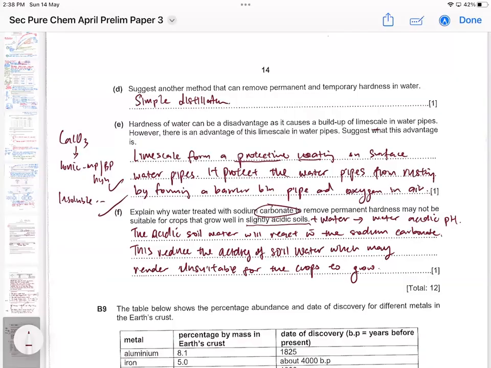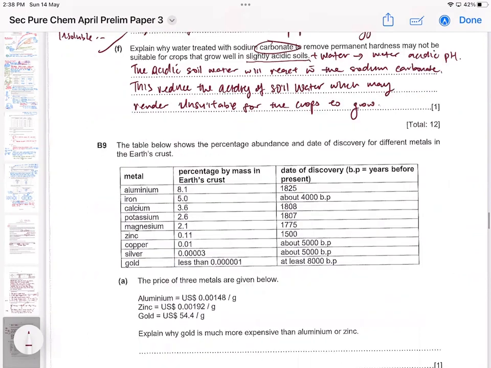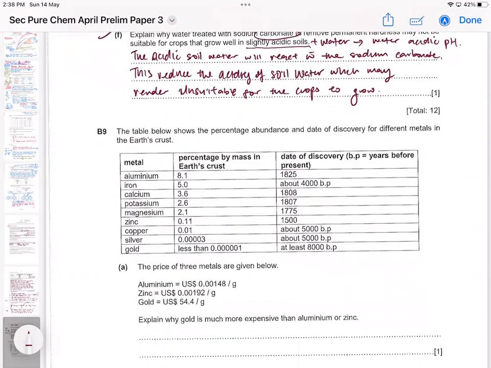Okay, any questions for this hardness thing? Okay, this question deals with the cost of metals. And as you know, for the cost of metals, there are two very guiding principles that will decide the cost of metals.